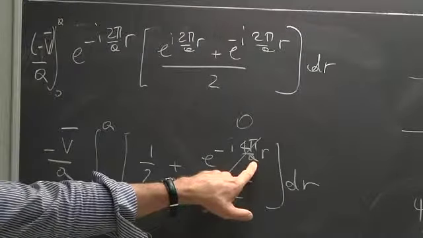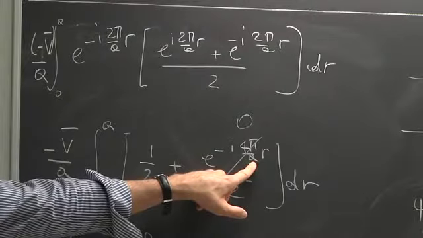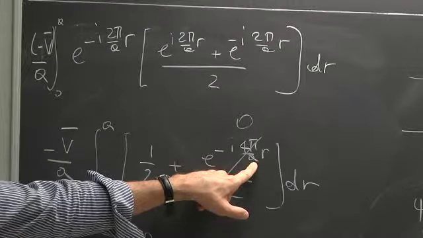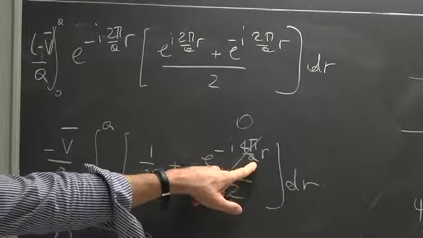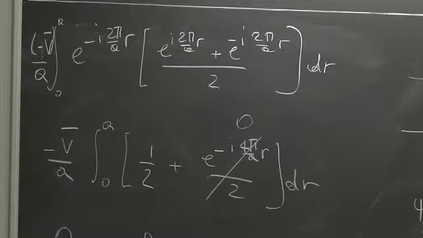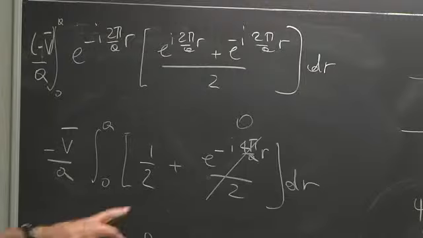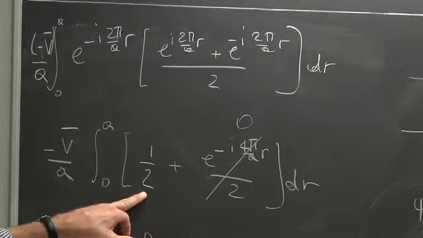Its natural period would be 1/2 of a period. I'm integrating that over 2 periods, and so it's going to be obviously 0. It would have been 0 even if I integrated from 0 to a over 2, but in particular from 0 to a. And the first part is just a over 2.